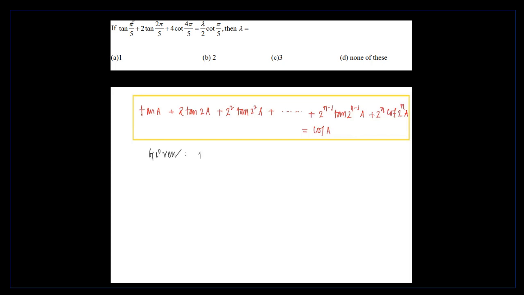It is tan pi by 5 plus 2 tan 2 pi by 5 plus 4 cot 4 pi by 5. Now here we try to correlate this given expression with this one.